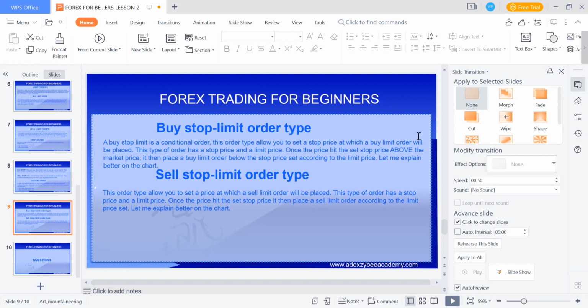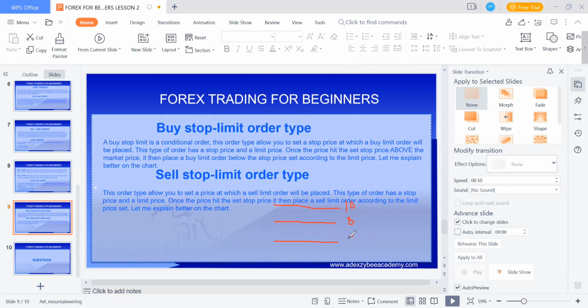Let me use this to explain it. But let's say you have price levels as this. Let's say this is $10. This is, let's say, $6.